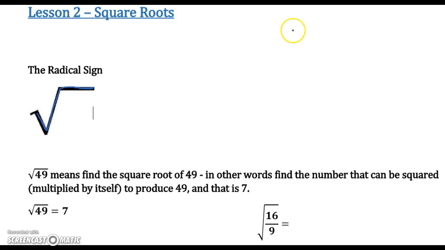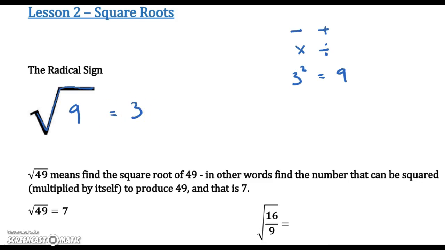Just like minus and plus are opposite operations, or multiplication and division are opposite operations, squaring a number, let's say we take 3 and we square it, that means multiply by itself, we get 9. The same way, to do the opposite of squaring, we would do what's called a square root. So the square root of 9, in this case, would be 3.